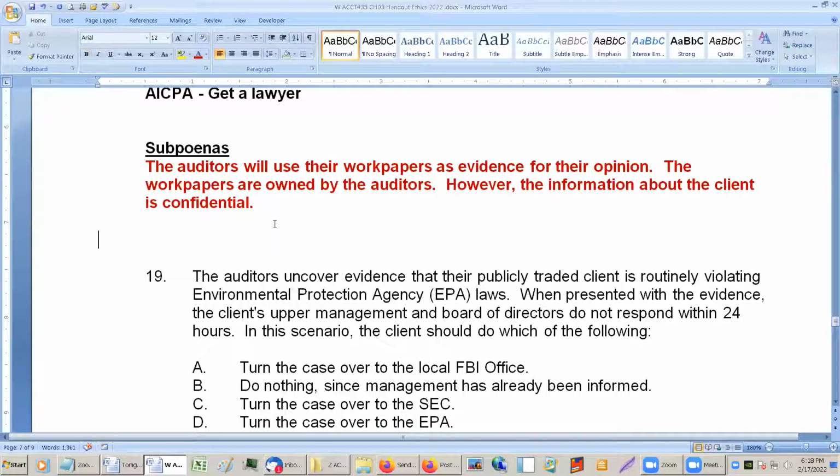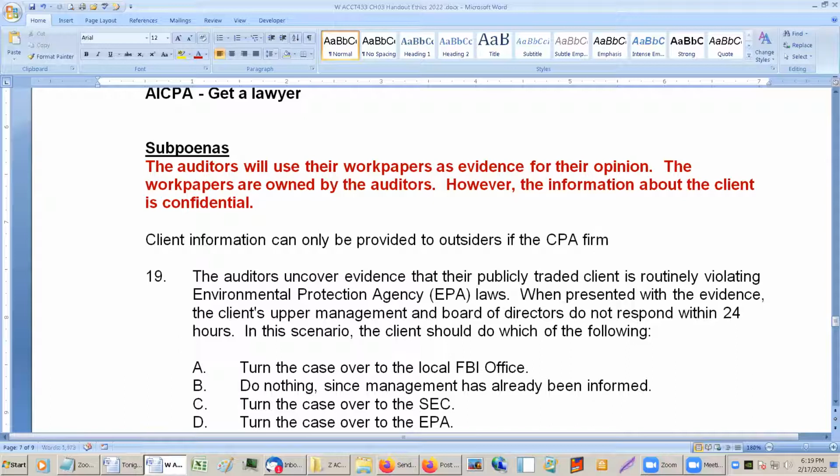You need a valid subpoena, and only for what the subpoena is for.